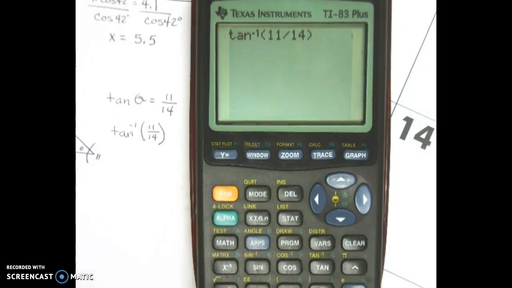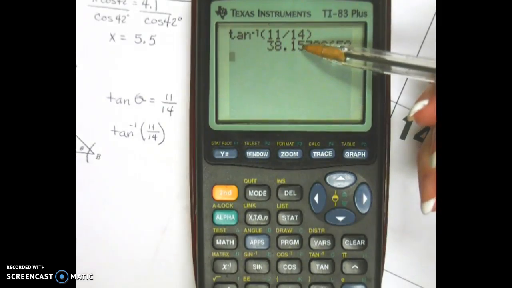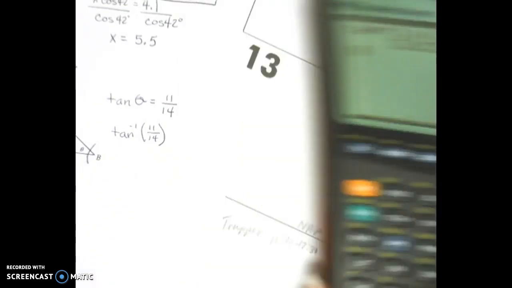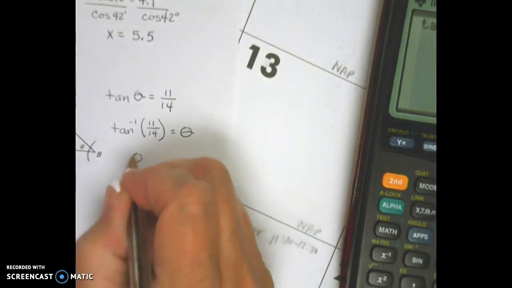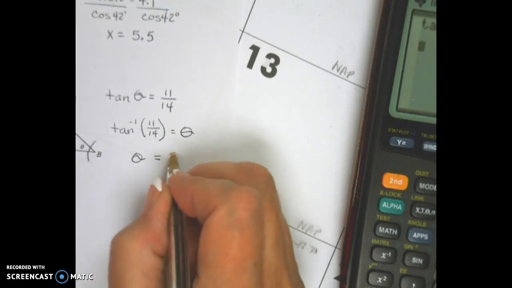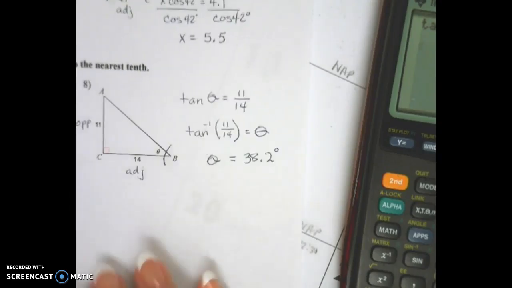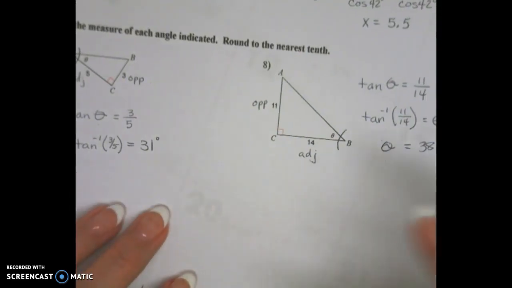Close your parenthesis. Enter. And again, it says to the nearest tenth, so the 5 is going to tell my 1 to go up to a 2. So 38.2 degrees. So theta is equal to 38.2 degrees. Your last 5 problems are just like these.